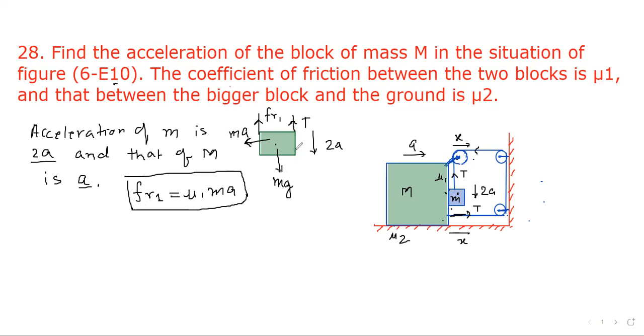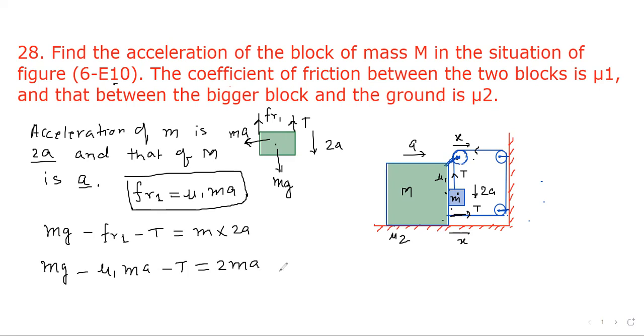Now let's balance all the forces. So here mg minus friction 1 minus tension equal to m times 2a. Here friction 1 is mu1 times MA. So mg minus mu1 times MA minus tension equal to 2ma, or we can write tension equal to, this is shifted to RHS and this will shift to LHS.